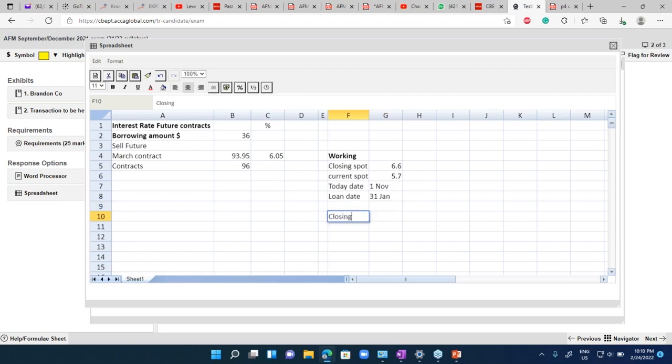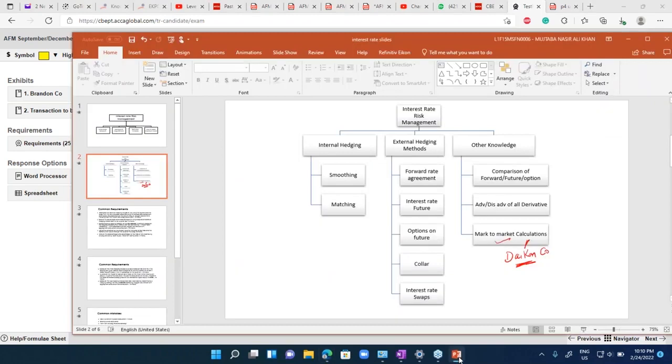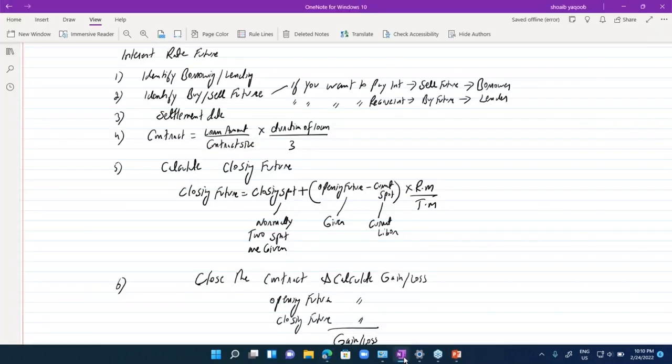Okay, guys, I'm going to apply this step. Closing spot plus opening future minus current spot into remaining months divided by total months. So guys, current spot is on 1st November.